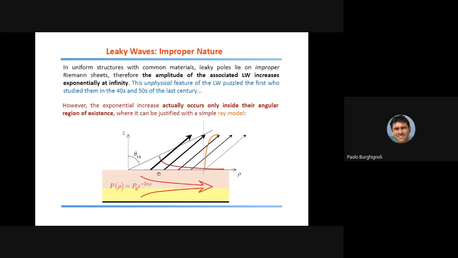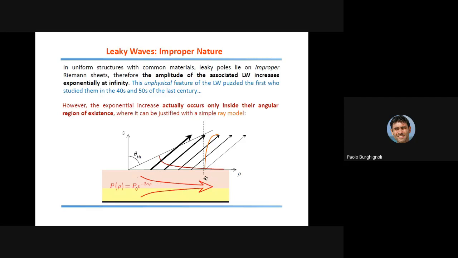So if you consider rays that exit the structure for larger and larger values of the radial distance, rho, then the power associated with each of those rays is decaying because of the exponential decay of the leaky wave in the radial direction.